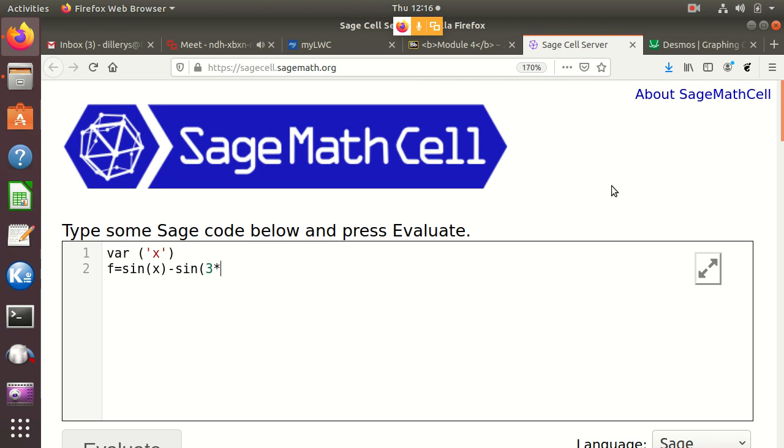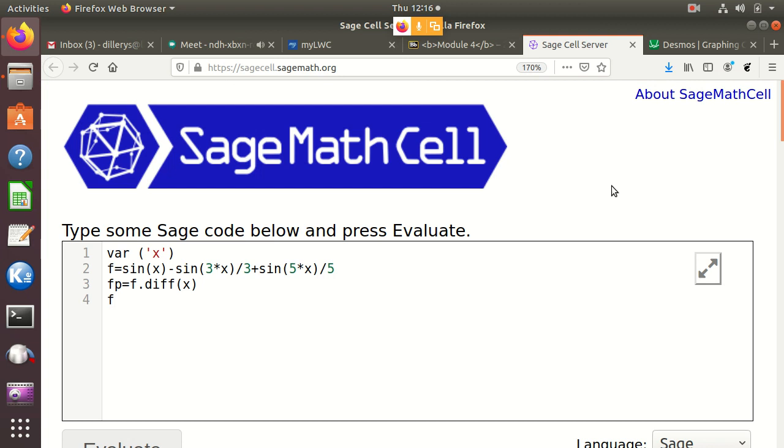Now notice I have to put the asterisk for the times, and then divided by 3, and then plus sine of 5 times x, divided by 5. And so there's that. And then I could take the derivative and call it fp equals f dot diff with respect to x, so I tell it x there.